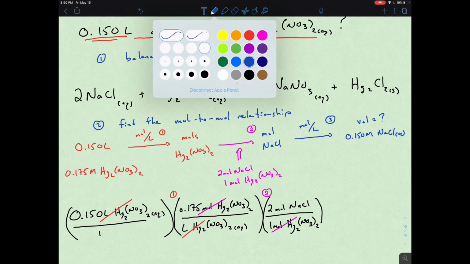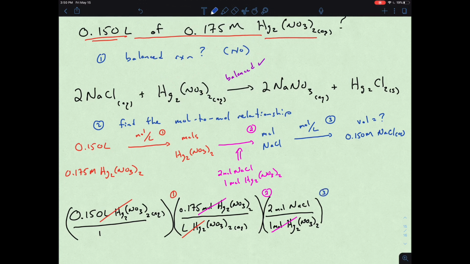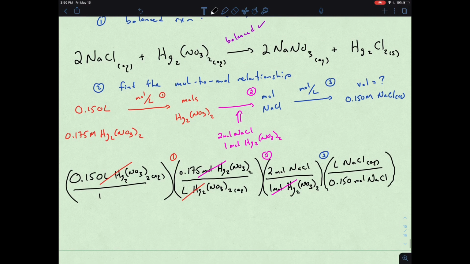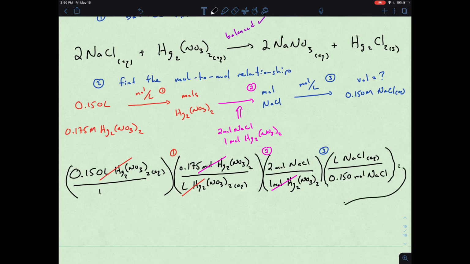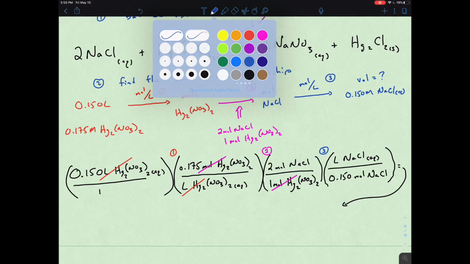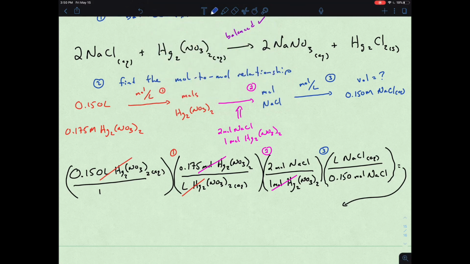And then we're on to the third step, which is now using that molarity of the NaCl and setting it up in such a way that I can now figure out the volume of the NaCl solution. And so that has now allowed us to convert all the way.